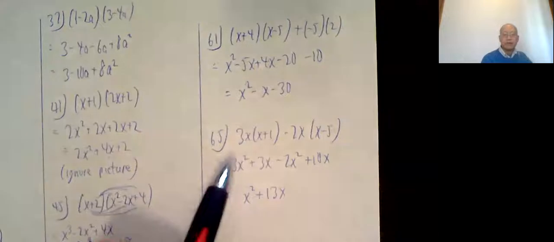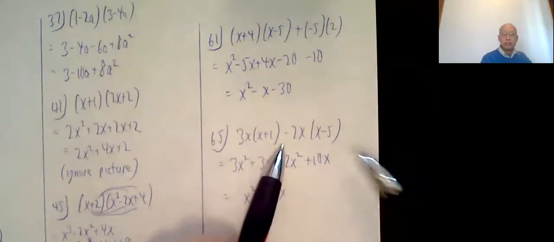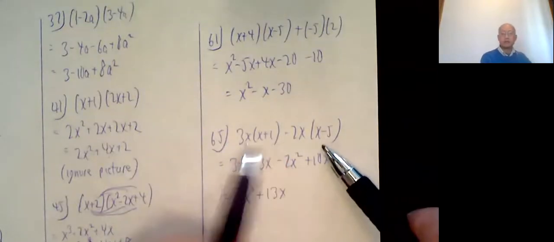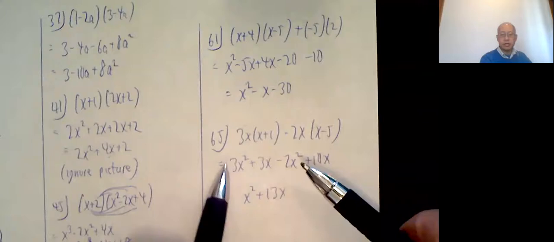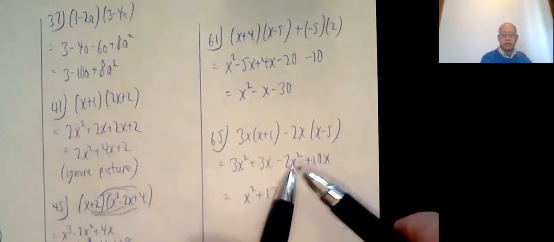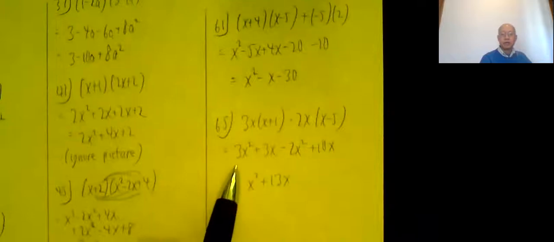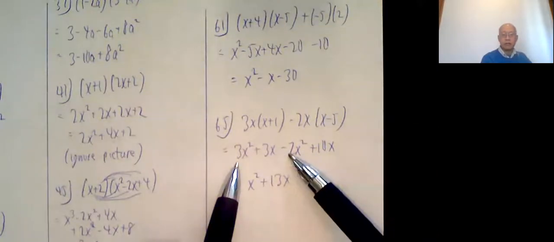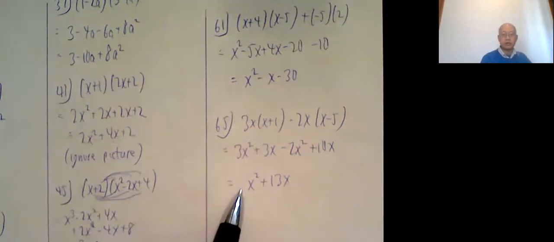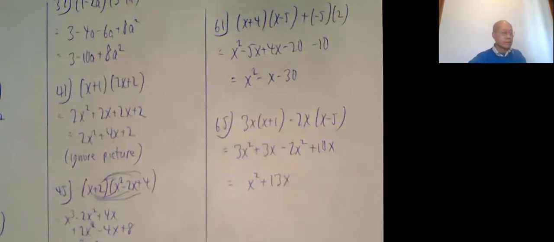And 65, 3x times x plus 1 minus 2x times x minus 5. So distribute, combine like terms. 3x squared plus 3x minus 2x squared plus 10x. Combine x squared with x squared. 3x squared minus 2x squared is just x squared. 3x plus 10x is 13x. Okay, so this is section 5.5.